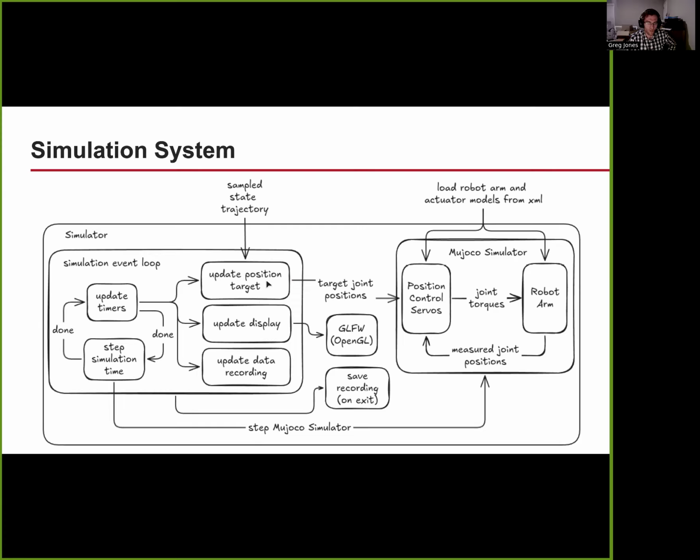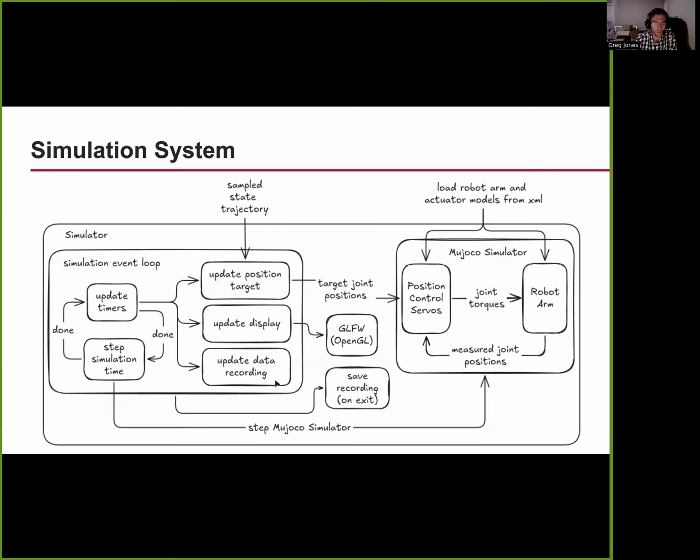And so the timers included a timer for updating the position target that was taken from the sample trajectory and then sent to the servos. And then there's also a timer to update the display based on a configured frame rate, and that used an OpenGL-based library.